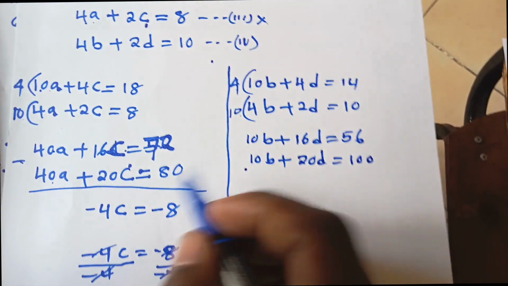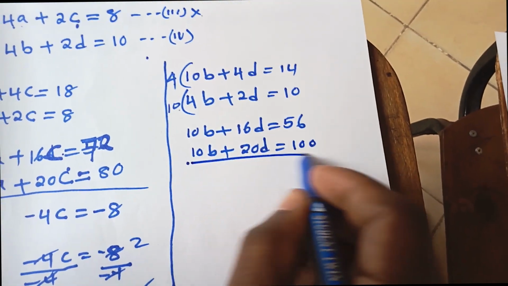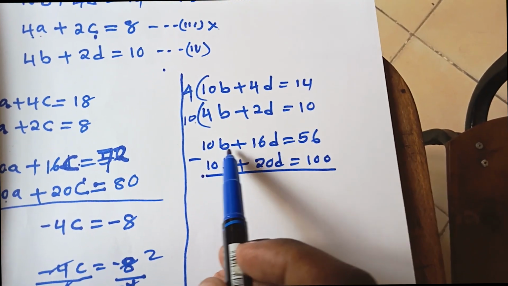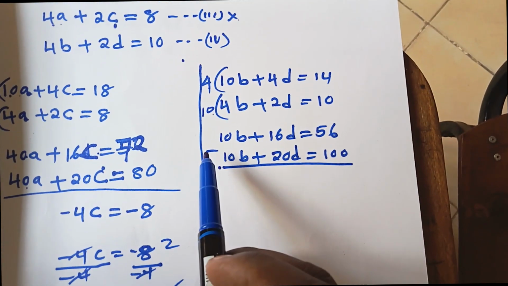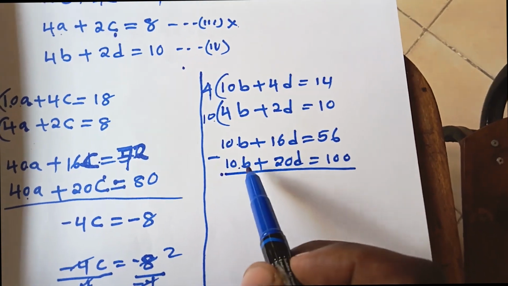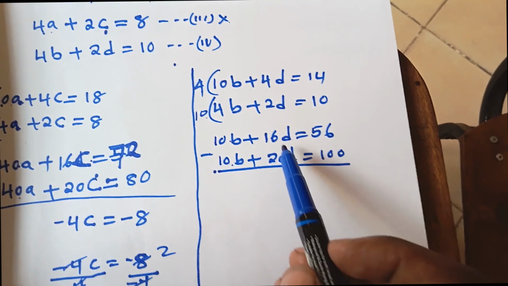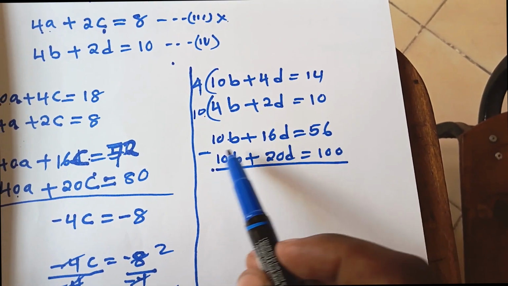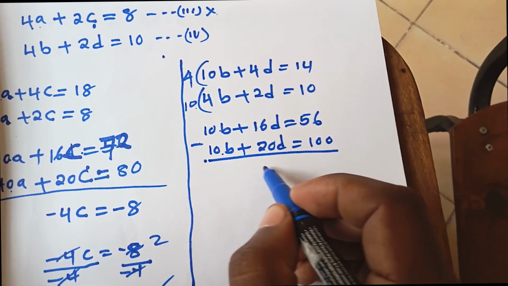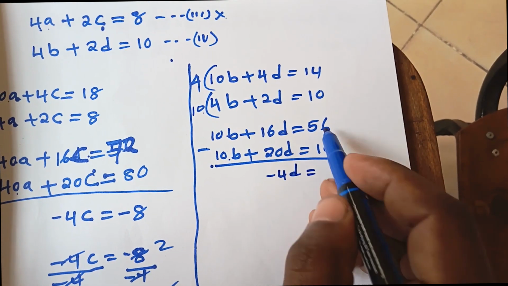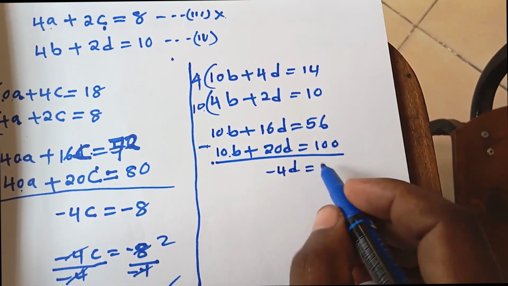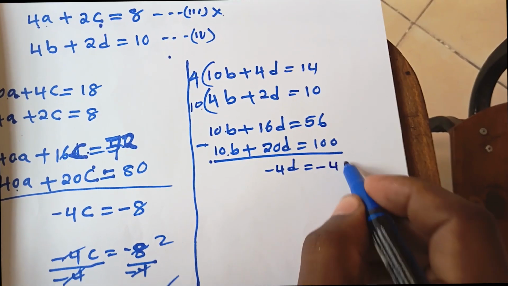Then the sign that I'm going to use is negative, so that I can do away with the B. So 10 minus 10 is 0, so there is no need for me to write 0. Here we have 16D minus 20D, so it's negative 4D equals 56 minus 100, which is negative 44.